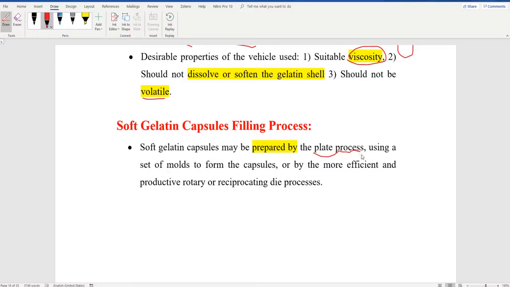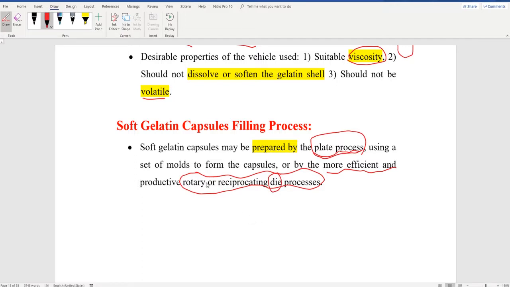That's why it's not efficient and it's not used in industry. So we have the plate process. As for the one that is used efficiently and that you will see in industry, it is the rotary or reciprocating die process. Rotary means from rotation. Reciprocating means alternating. Okay? Die process. Die means mold. Okay?